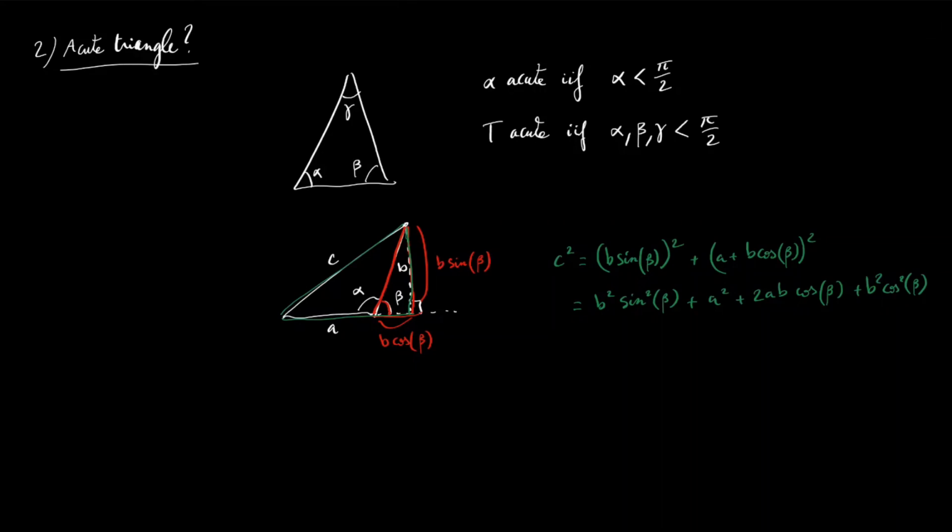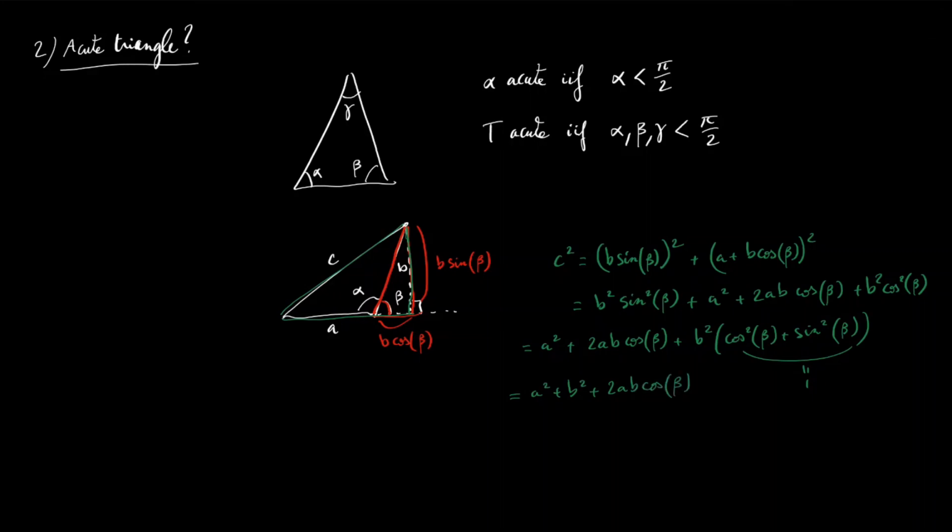This is equal to A squared plus 2AB cosine of beta plus B squared times (cosine squared of beta plus sine squared of beta). And it is a well-known identity that this sum is equal to 1, whatever the value of beta is. So we have A squared plus B squared plus 2AB cosine of beta.